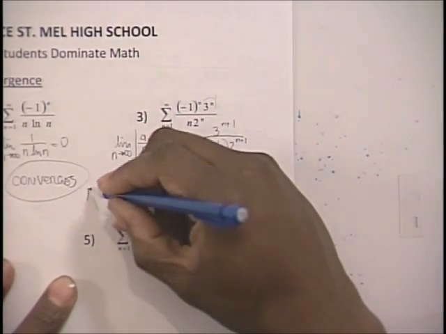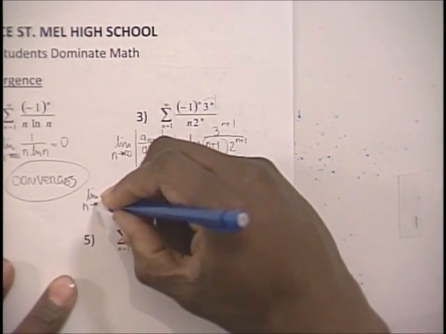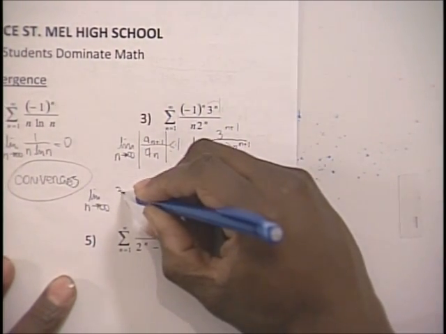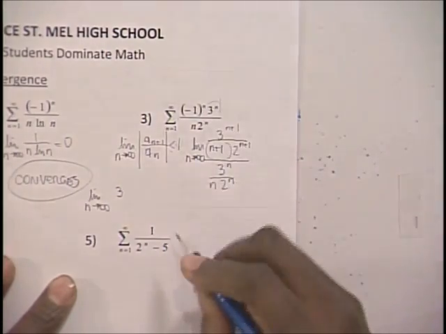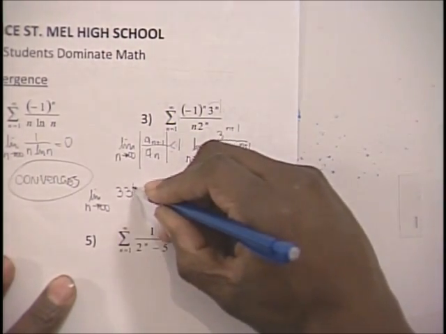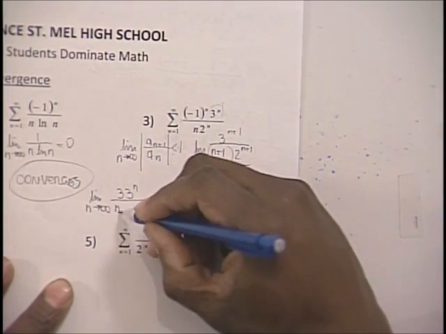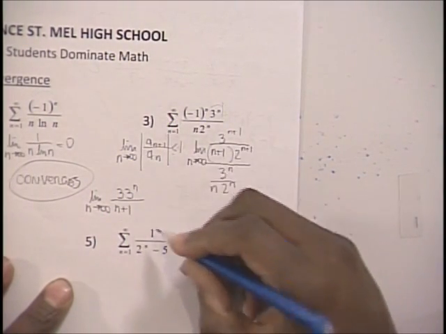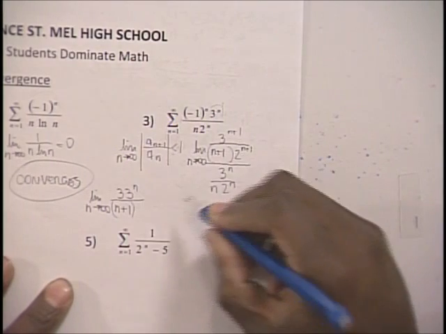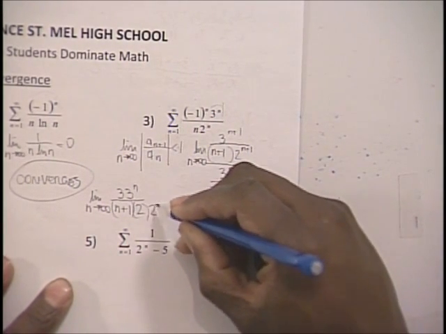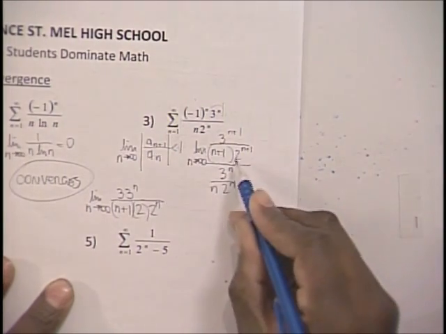The limit as n approaches infinity, this numerator would be 3 to the 1 is 3, times 3 to the n, and that would be divided by n plus 1 times 2 times 2 to the n.